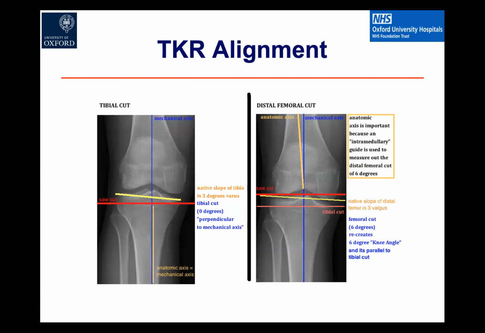In terms of the alignment, as I mentioned before, you have your 3-degree varus slope in your native tibia, but you cut 0 to this in order to get a 0-degree cut, perpendicular to the mechanical axis. And then you have your 6-degree valgus cut of your femur, and essentially that together with your 3-degree varus would give you a femoral cut that recreates the 6-degree knee angle and is then parallel to the tibial cut in the coronal plane.